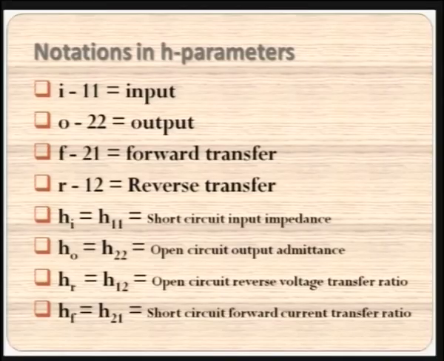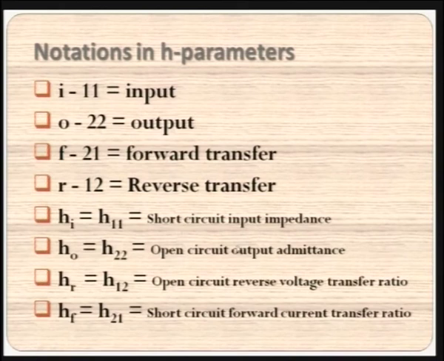Now, let us see the significance of H parameter, how they will be useful in circuit analysis. And this is again the typical terminologies we use. The 1 when it comes, it is input side, so we attach the word input to it. 2 when it comes, it is called output. 2 when it comes, it is called forward transfer, and 1 when that suffix comes, it is called reverse transfer.